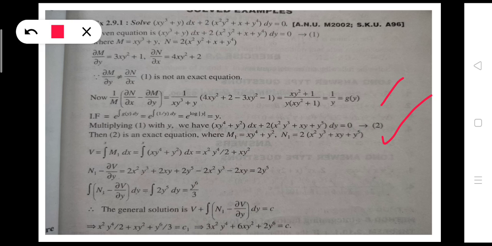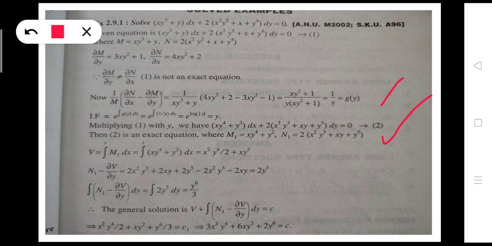Now comparing equation 2 with the general equation M1 dx + N1 dy = 0, this is an exact equation because we multiplied with the integrating factor. Multiplying the given differential equation with the integrating factor means this is an exact equation.